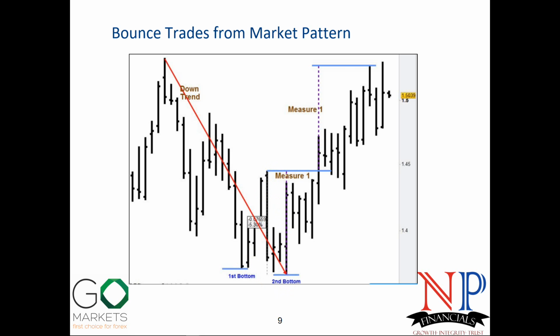Again I repeat: downtrend at the support. Previously we need to have a support. I can see a dotted line on the support or the demand. Then we must see two swing lows, where the second one is lower than the first one, and in between we have a swing high. We need to draw a vertical line from this in-between swing high to the lowest low, not this one, not that one, the lowest swing low. This is measurement 1.